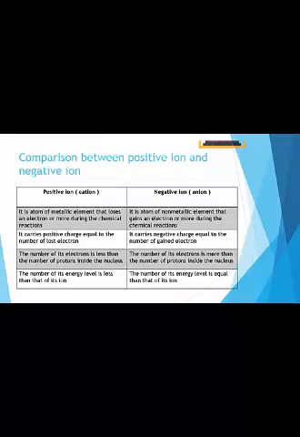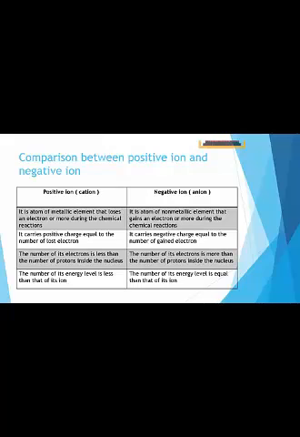There is a simple comparison between the positive ion and the negative ion. The positive ion has another name, cation, and the negative ion is called an anion. A cation, or positive ion, is an atom of a metallic element that loses 1 electron or more during the chemical reaction. But the negative ion is an atom of a non-metallic element that gains 1 electron or more during the chemical reaction.